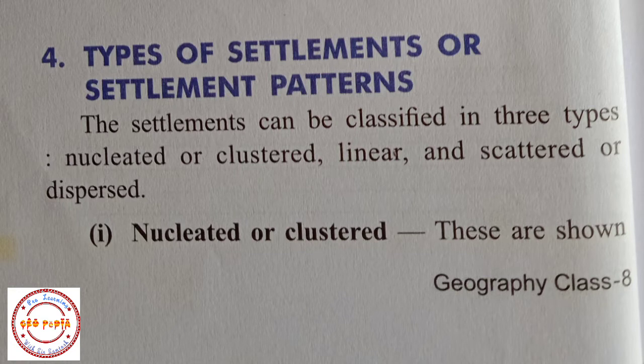These are shown in red color. On the topographical map or topo sheet, nucleated or clustered settlements are shown by red color. By which color? Red color. You can see it in your book.